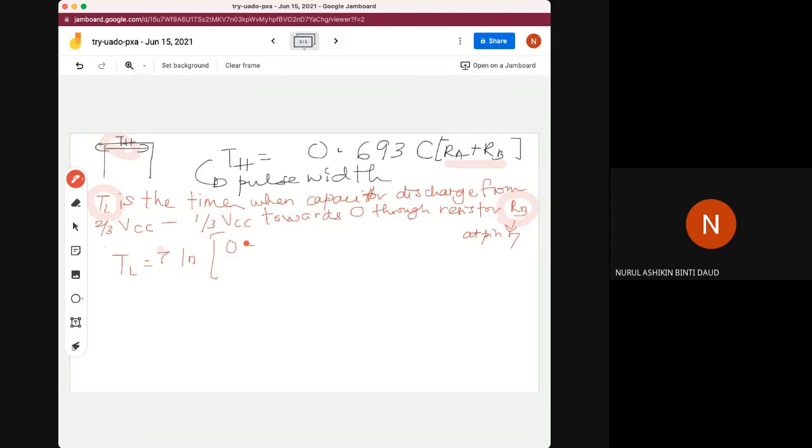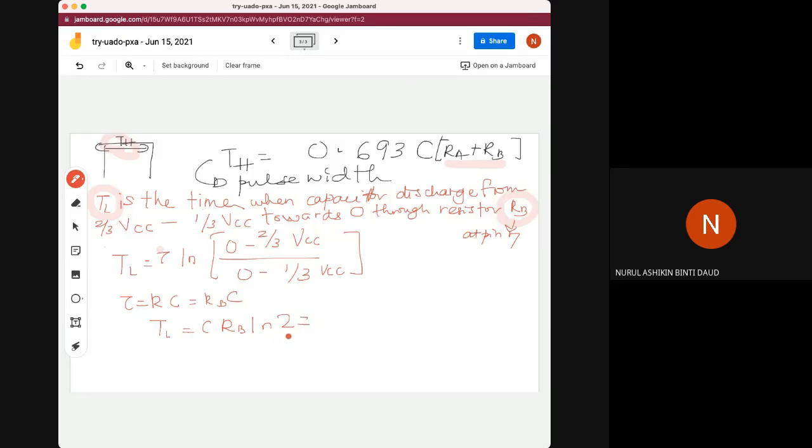The value of tau is RC, so since only resistor RB is involved, tau is RB times C. Replacing inside here, you will get TL equals C times resistor RB times ln 2.